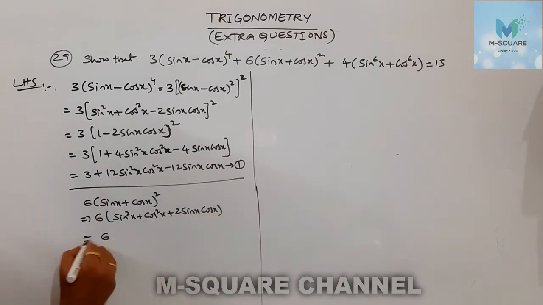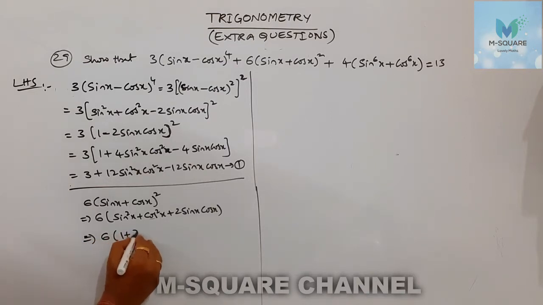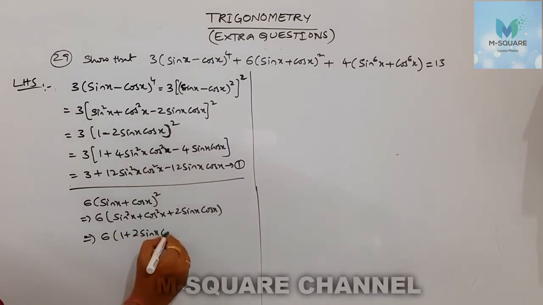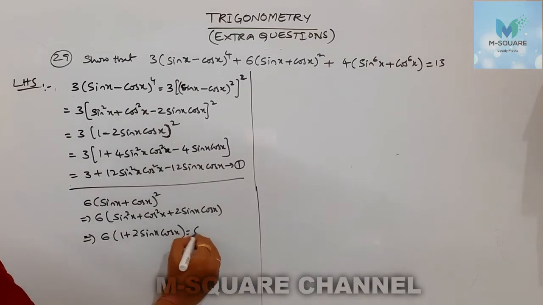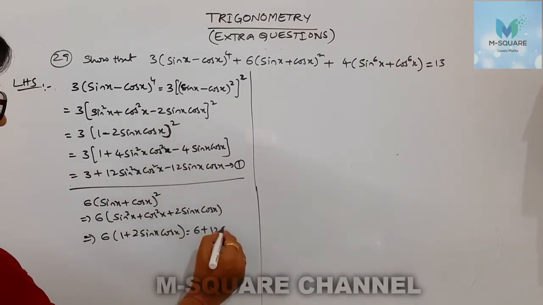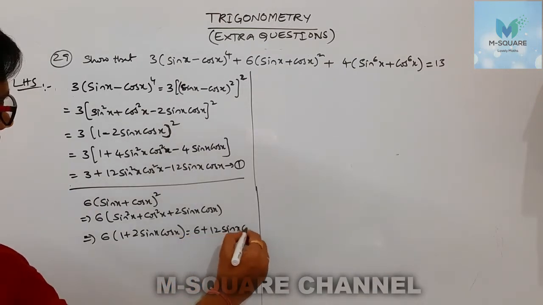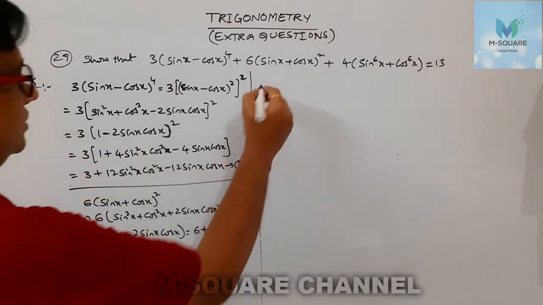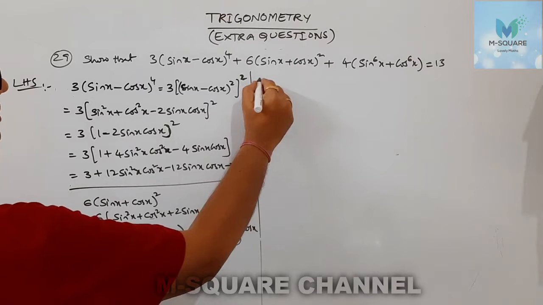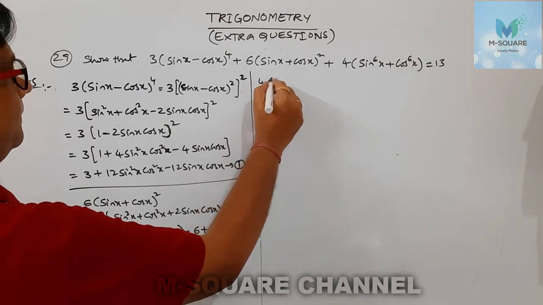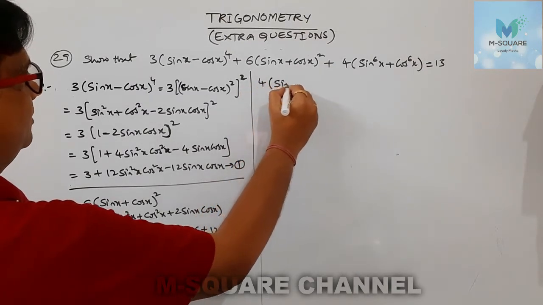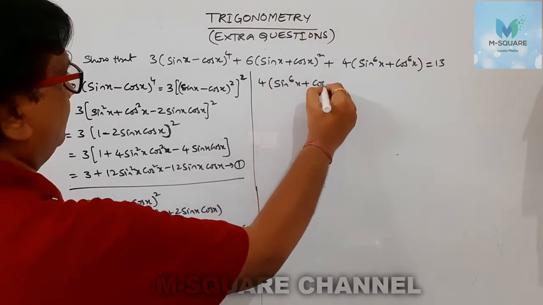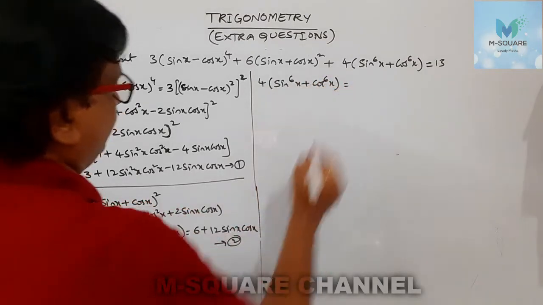So 6 into 1 plus 2 sin x cos x. That means 6 plus 12 sin x cos x. This is 2. And the third one is 4 into sin power 6x plus cos power 6x. We are taking.